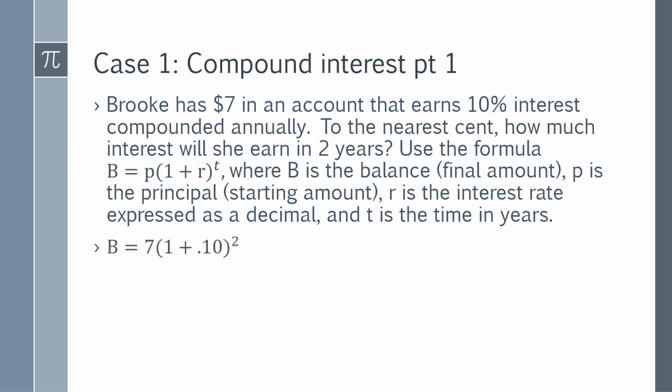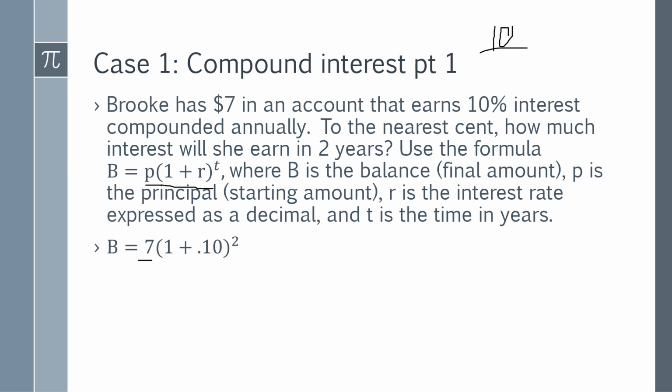So all I did so far was to put all the numbers in the proper place. Because $7 is where she started off. She started off at $7. And then we used the growth formula, 1 plus the rate to the power of t. So 10%, we write it as a decimal because you do that in the formula.